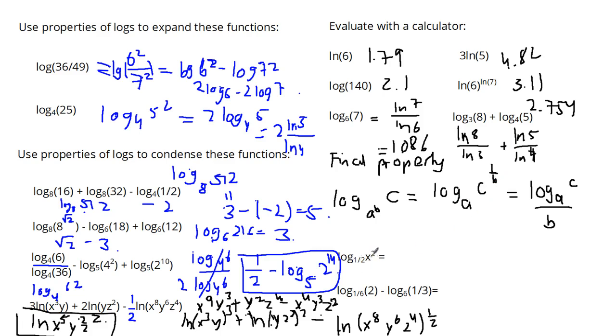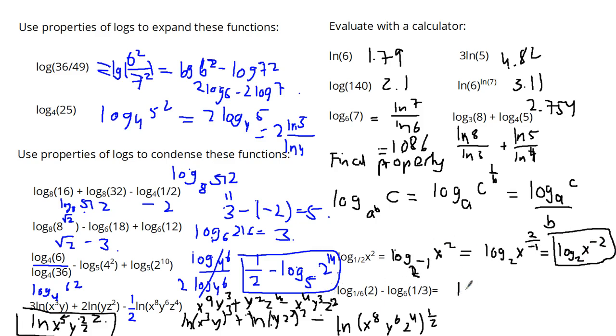So log base 1/2 of x squared is log base 2 to the minus 1 power of x squared. Right? And this is log base 2 of x to the 2 over minus 1, which is log base 2 of x to the minus 2, right? And that's our function. Or we can just put minus 2 log base 2 of x.